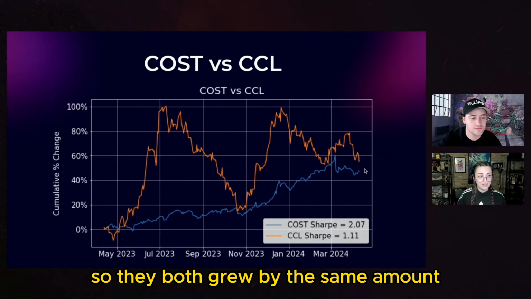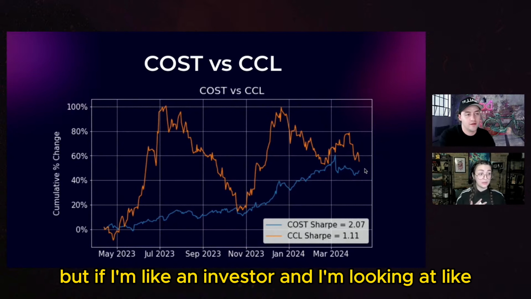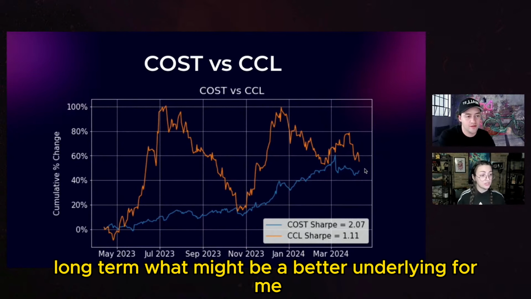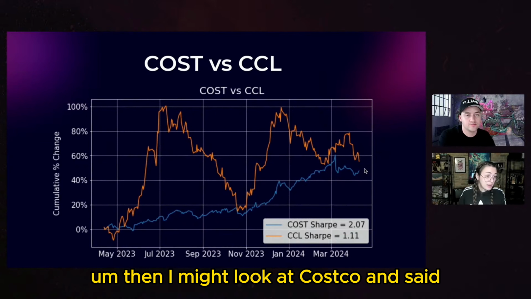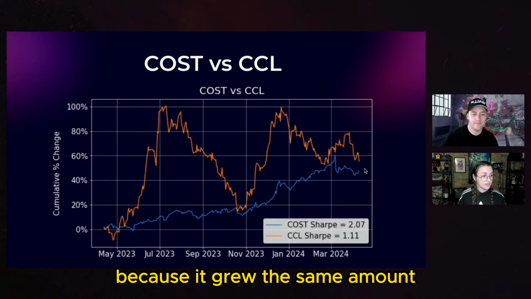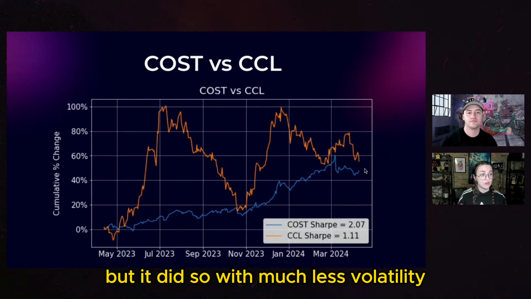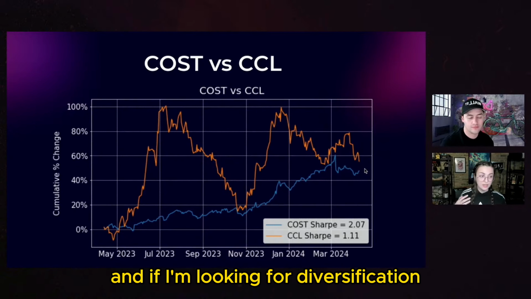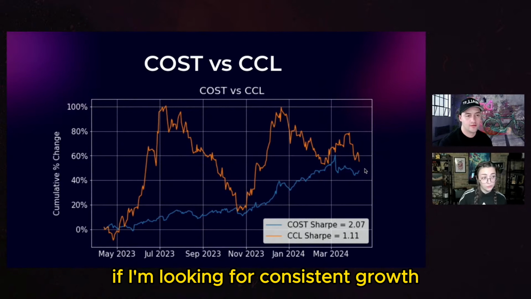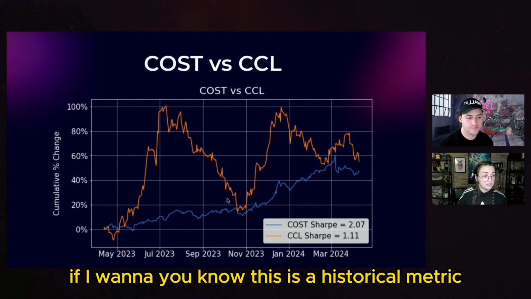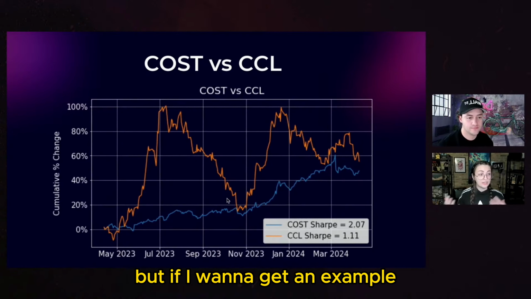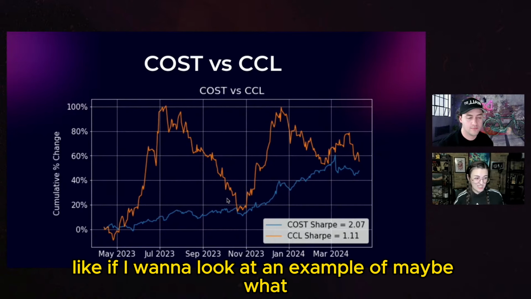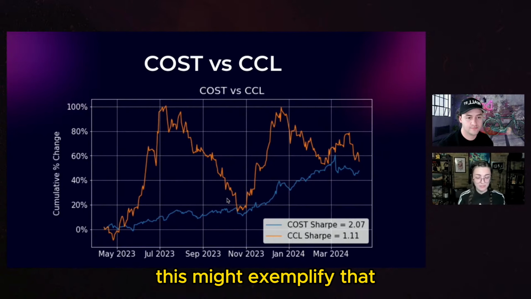They grew by the same amount, but if I'm an investor looking long-term at what might be a better underlying, I might look at Costco instead, because it grew the same amount with much less volatility, much less variability. If I'm looking for diversification and consistent growth, this is a historical metric, but it might exemplify what I would pick.